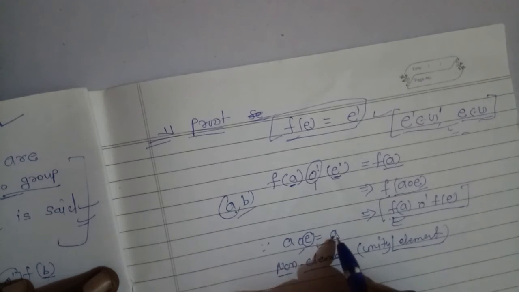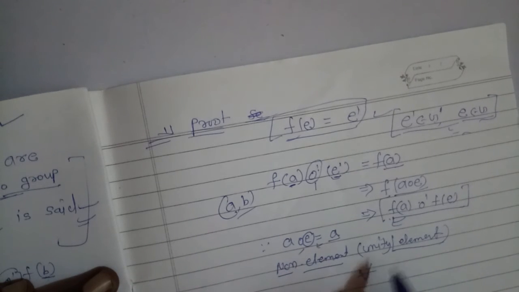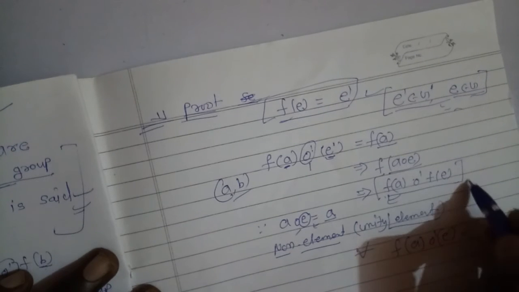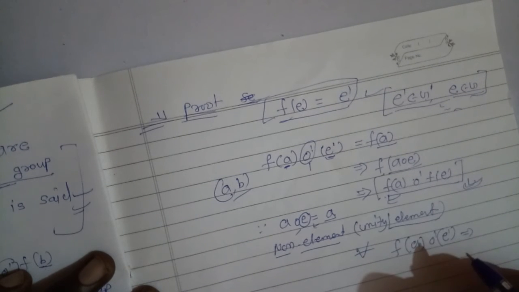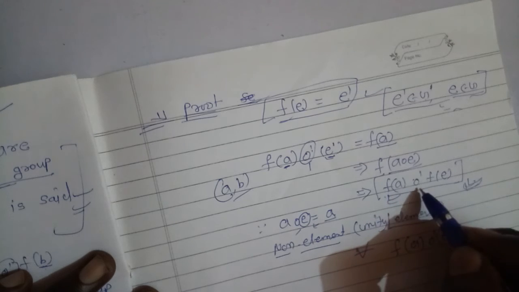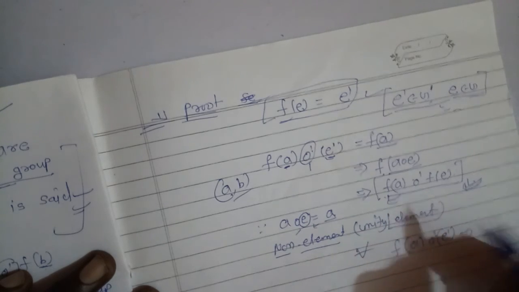So this implies that f(a o e) equals this. Okay students, we can say f(a) o' f(e).